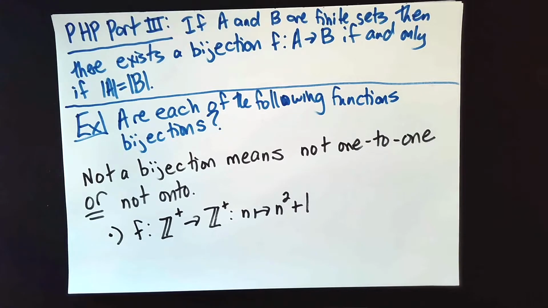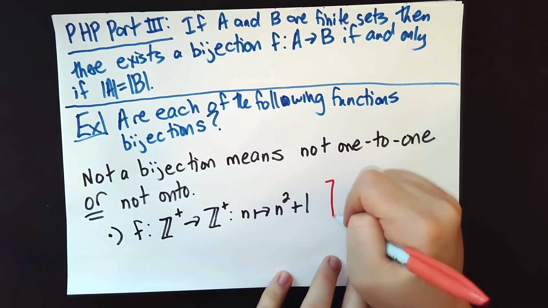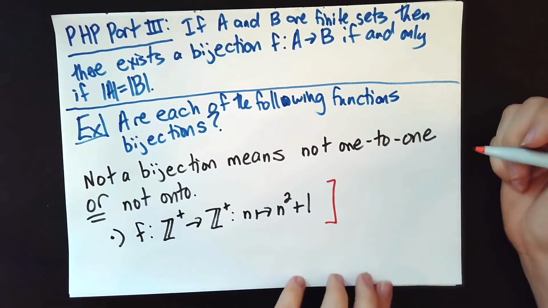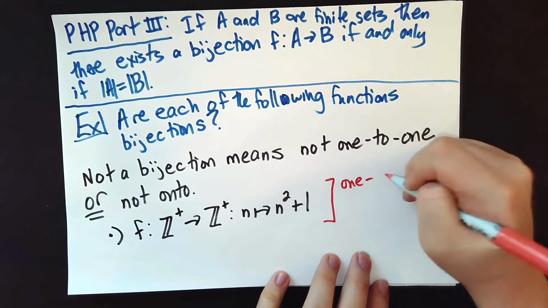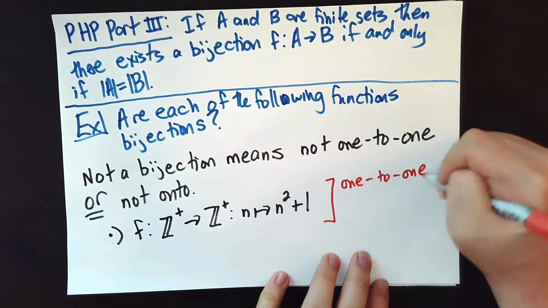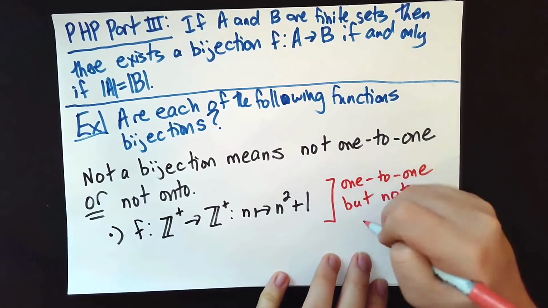And so if you look at this closely, what's actually true, and you might be able to convince yourself of this sort of intuitively, is that this function is one-to-one, but it's not onto.